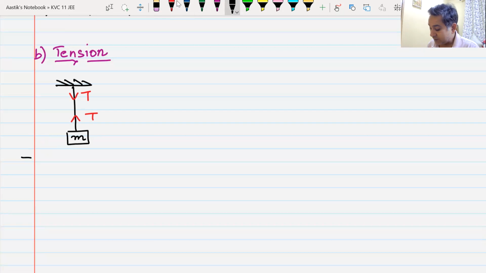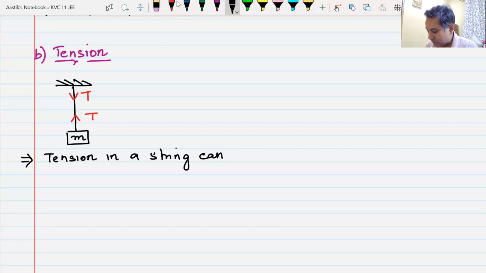So that is what you must remember about a string. The first point that you must remember about a string: tension in a string can only pull. You cannot push blocks using a string. So the direction of force in the string will be such that it is pulling everything.